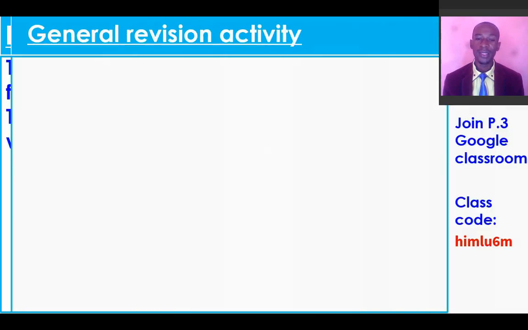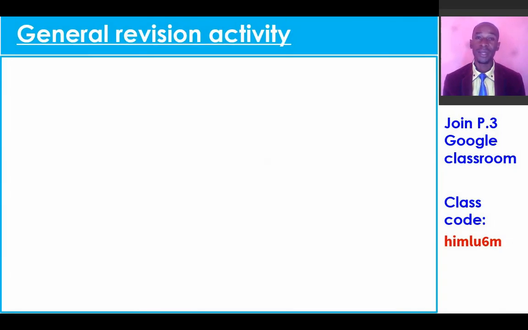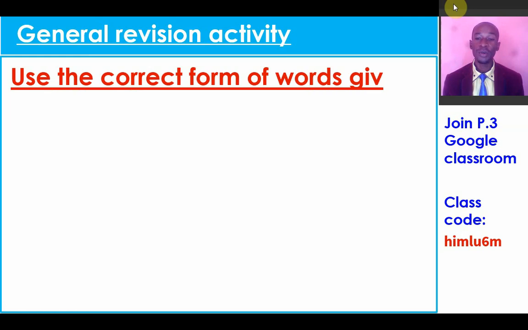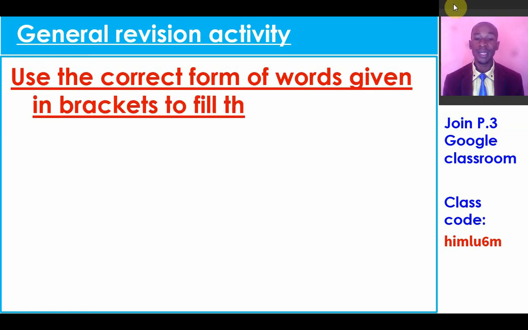Now this is almost the end of these categories of adjectives, and I want us to have a quick general revision activity which we can do in less than 5 minutes, because I want you to use the correct form of the words given in brackets to fill the gap. Are we together?